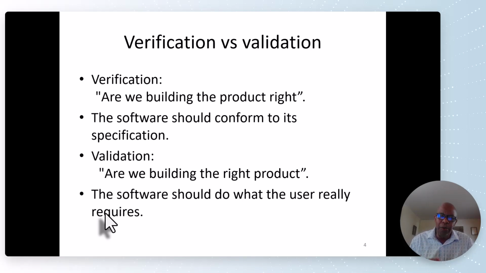Verification says, okay, we know we're building the right product, but are we building the product right? Are we basically producing it the way it should be produced? That's what we're designating here. So validation, are we building the right product? Verification, are we building the product right?